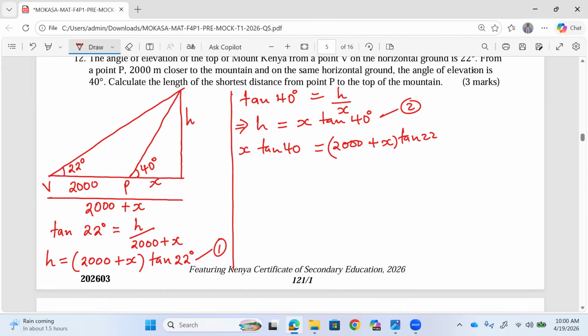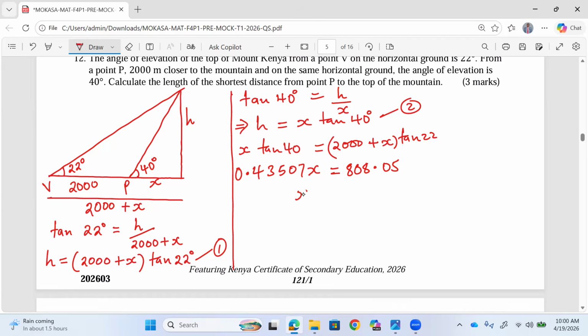Then now we start grouping terms. So the values of x are tan 40 and tan 22. So tan 40 minus tan 22, we get exactly 0.43507 x. This is equal to 2,000 tan 22, which is 808.05.